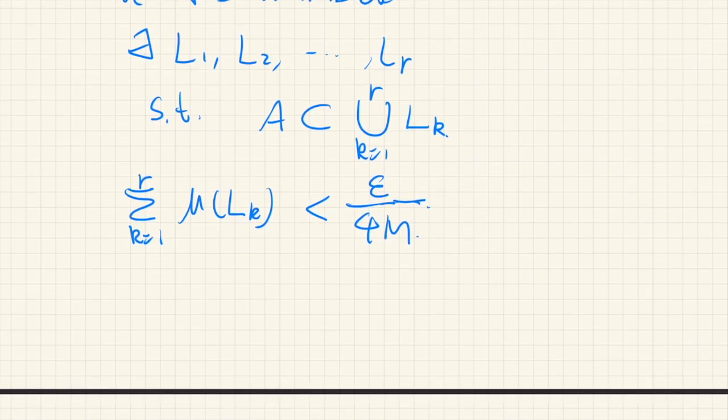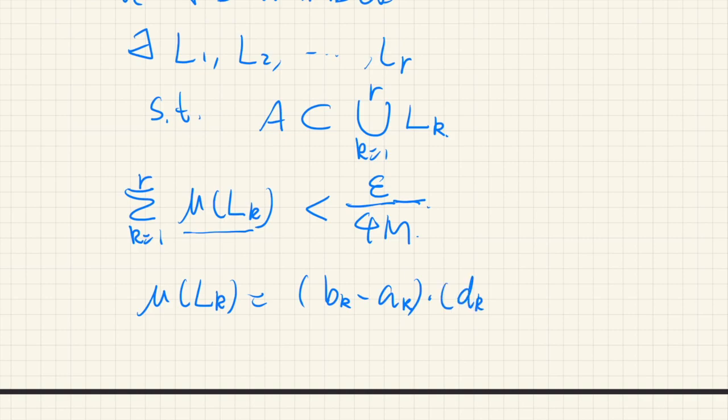And this mu of L_k is given by b_k minus a_k times d_k minus c_k.